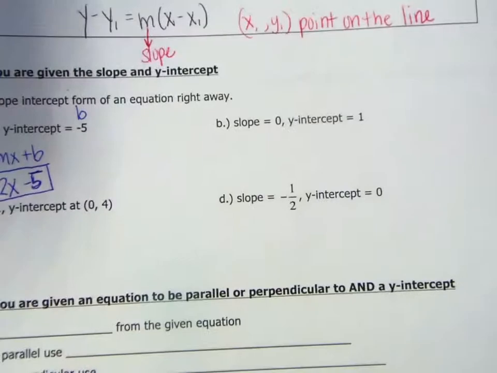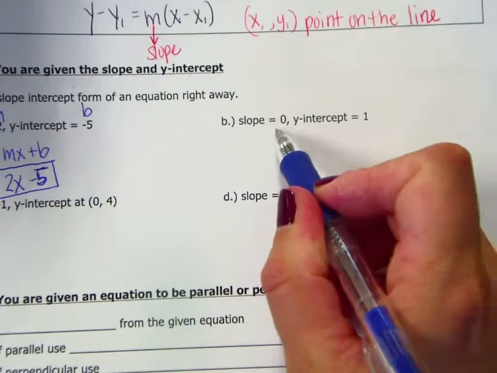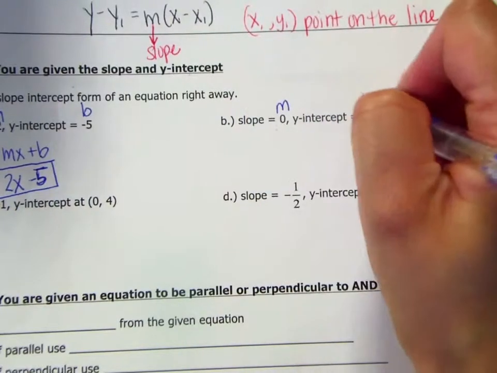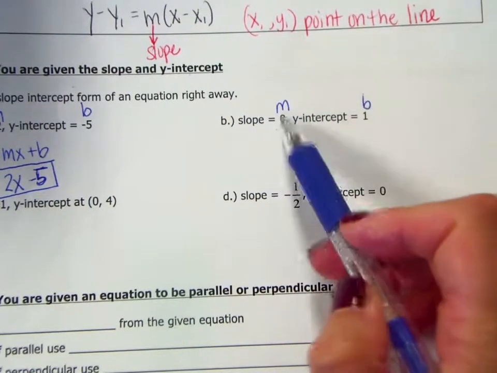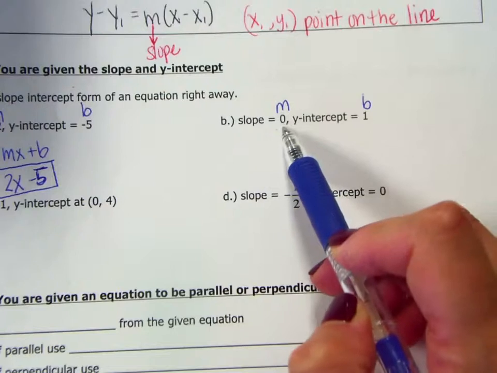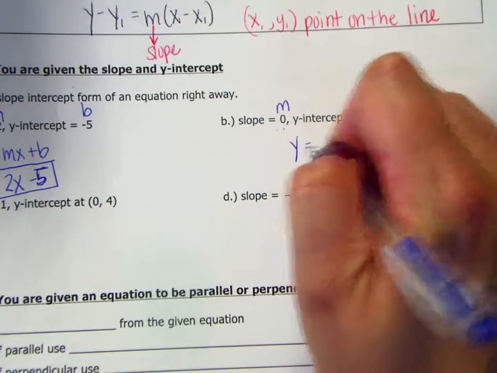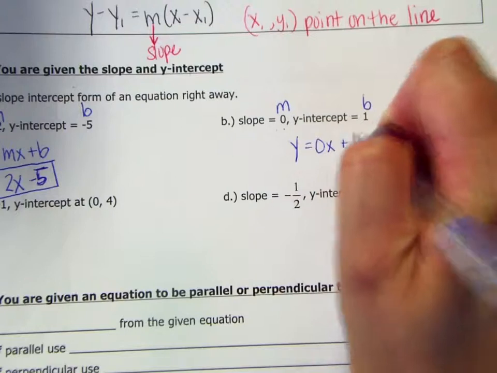For the second one, similar type of thing. We're given the slope is 0. We're given that the y-intercept is 1. So we will substitute 0 in for our slope and 1 into our y-intercept.